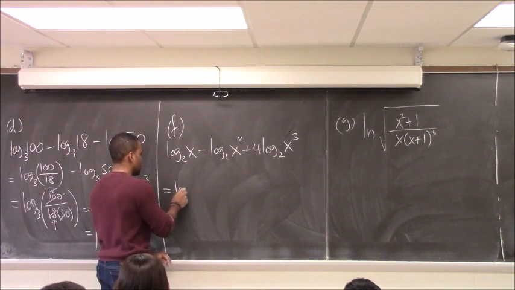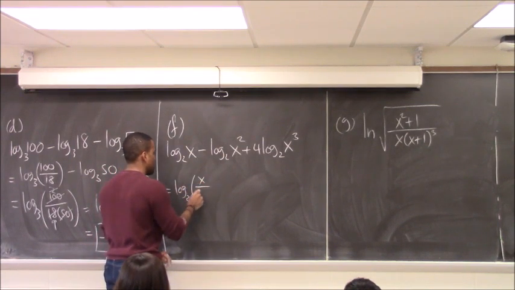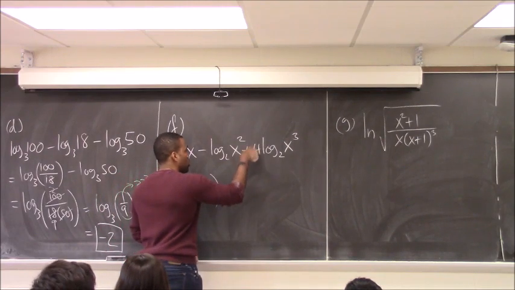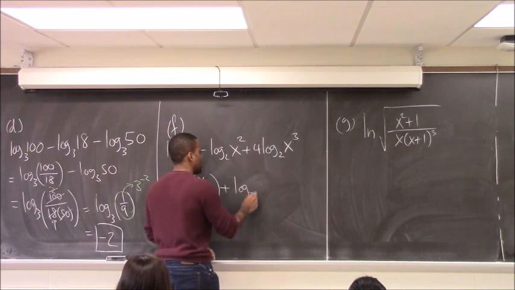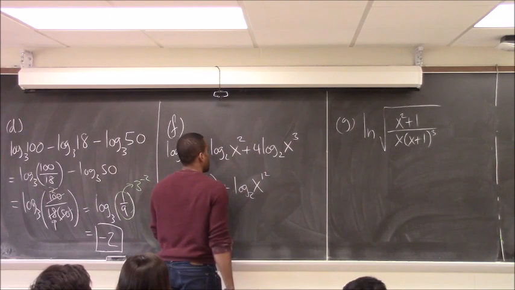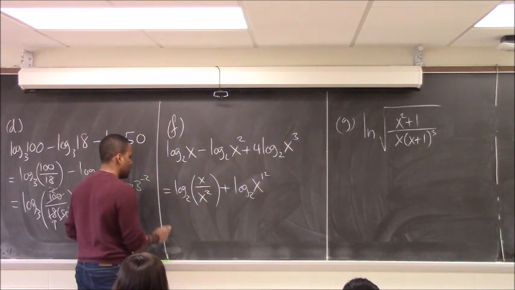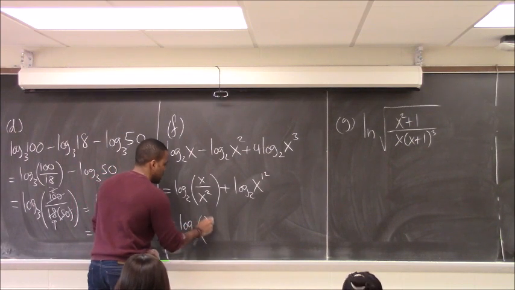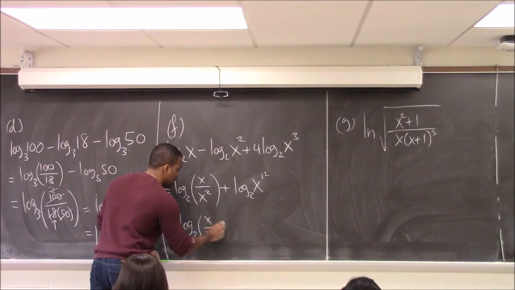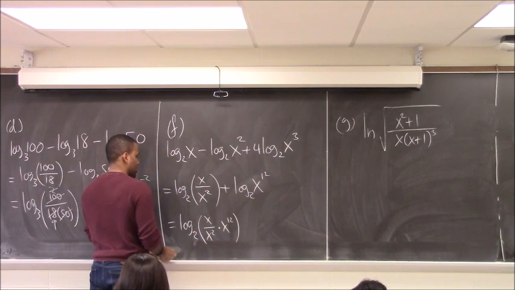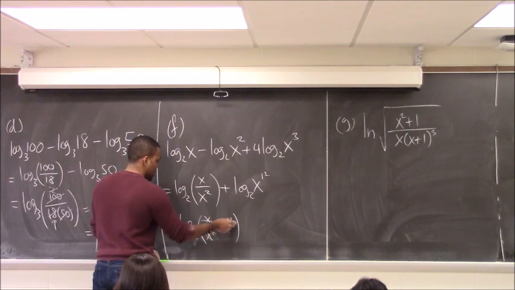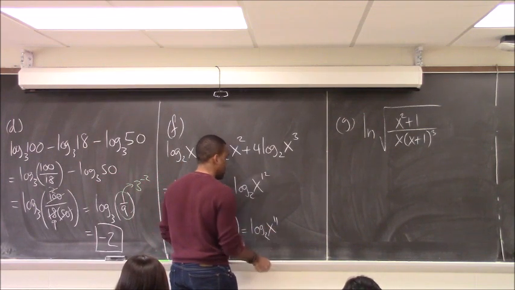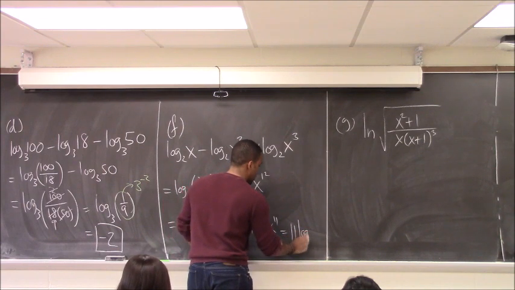Division. And because that's being, I can move this 4 up, and then do a multiplication. So that's x over x squared times x to the 12th. So this cancels one of those, that cancels one of those. So that's log to the base 2 of x to the 11, or 11 log to the base 2 of x.